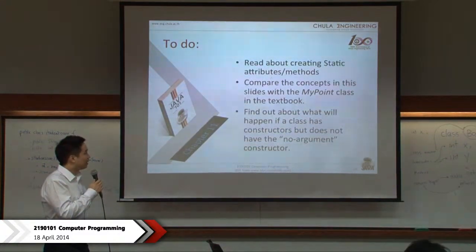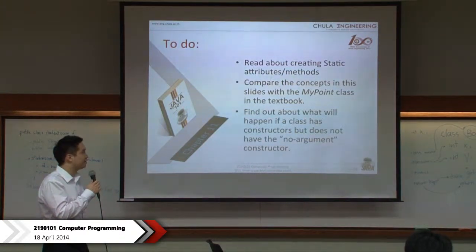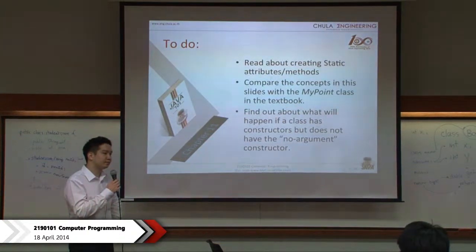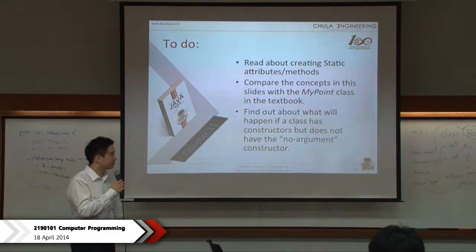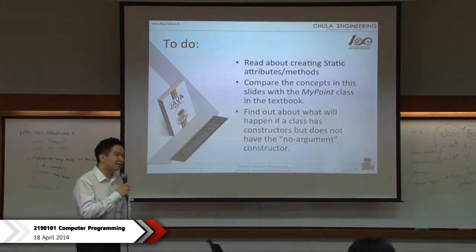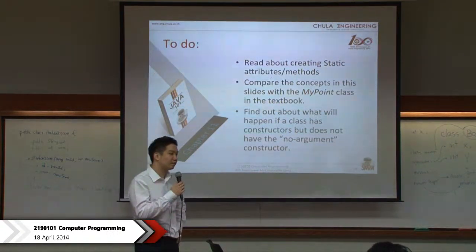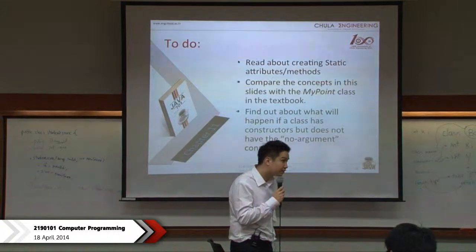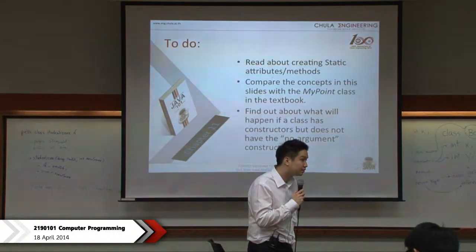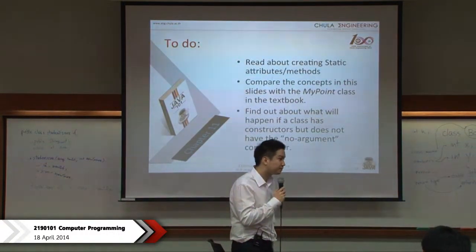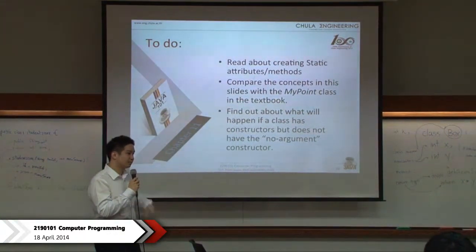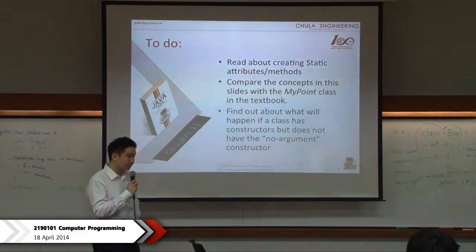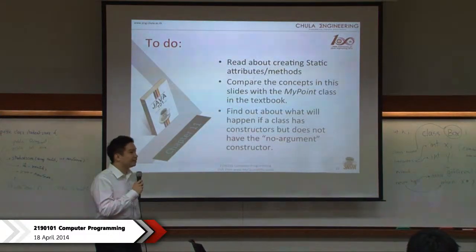Find out what will happen if a class has constructors but does not have the no argument constructor. What happens? Okay? If you run with a constructor having not enough parameters... Try running it.